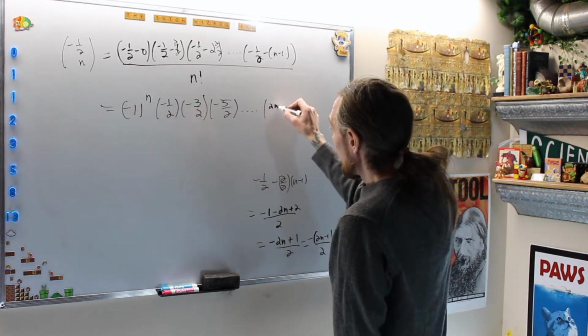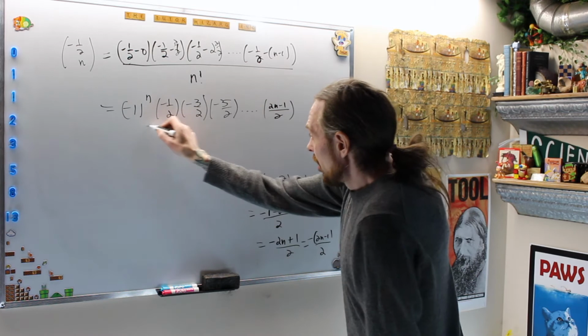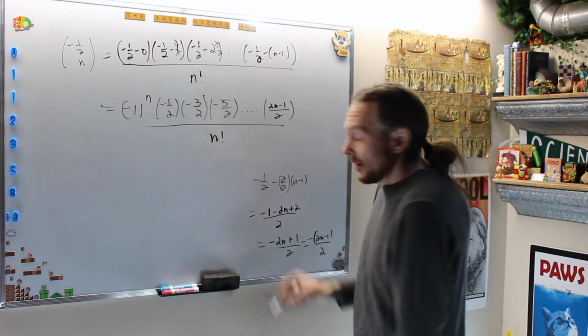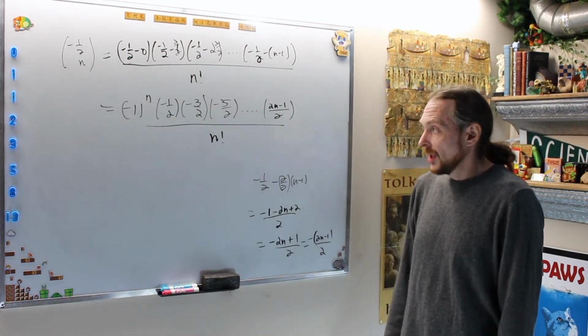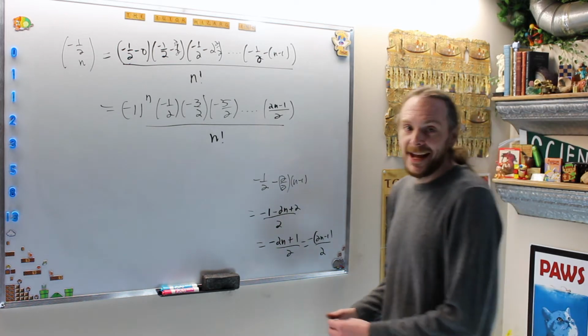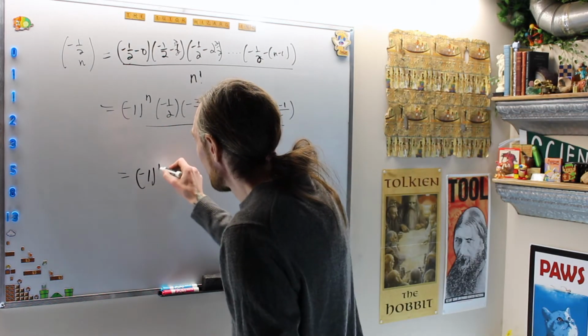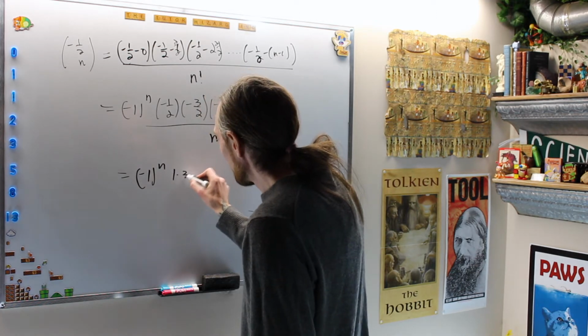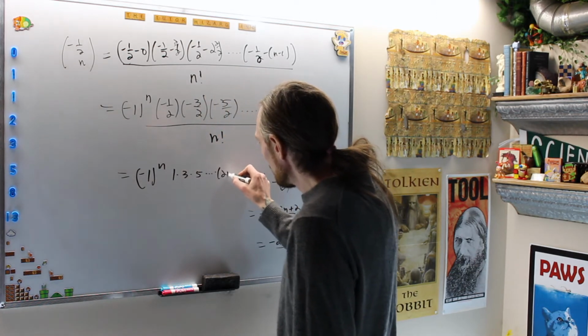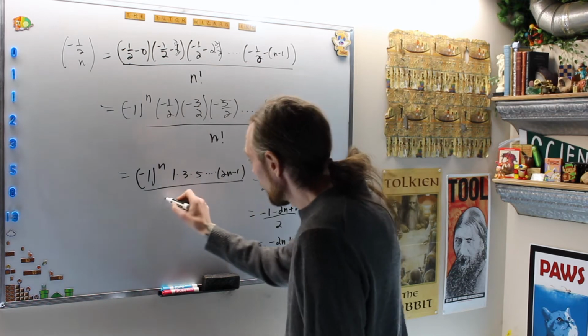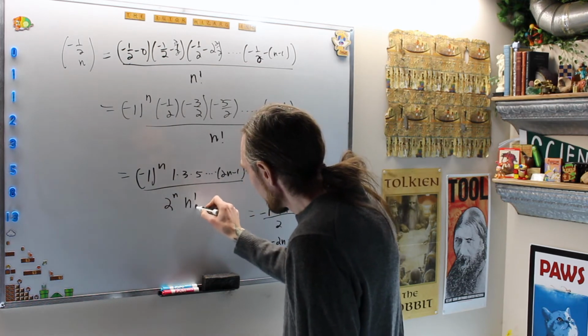This is 2n minus 1 over 2 over n factorial. How many 2's are there? Again, n of them. This is equal to -1 to the n, 1 times 3 times 5 times ... 2n minus 1 over 2 to the n times n factorial.